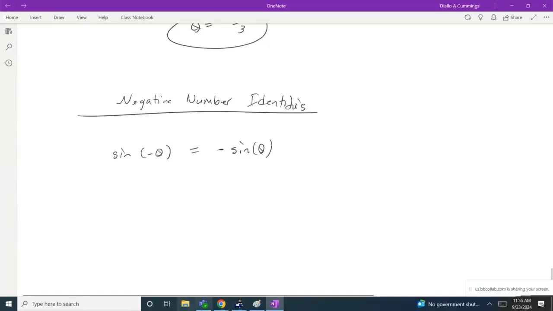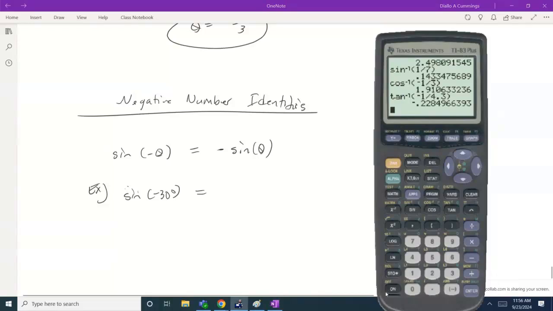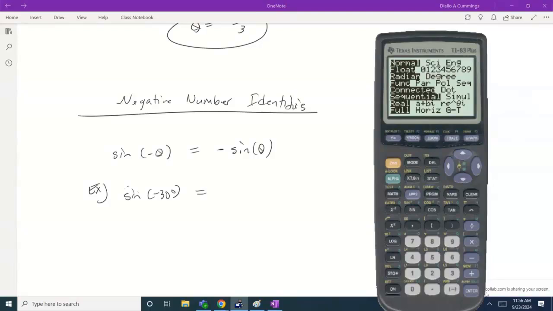But I want to show you with the calculator that these two statements are exactly the same. That's why they're called identities. For example, the sine of negative 30 degrees. I'm going to go back to my calculator and make sure that I'm in degree mode.